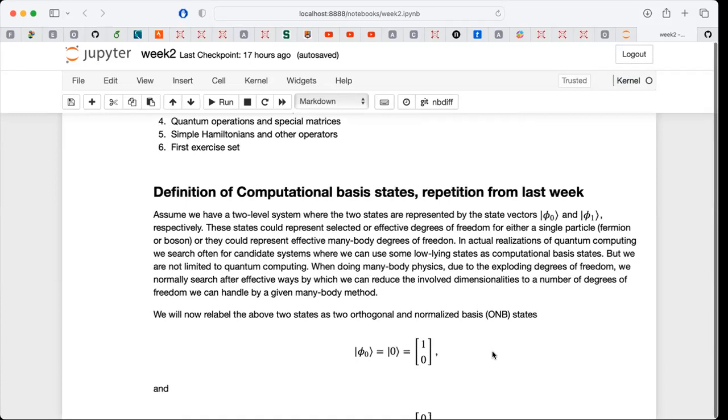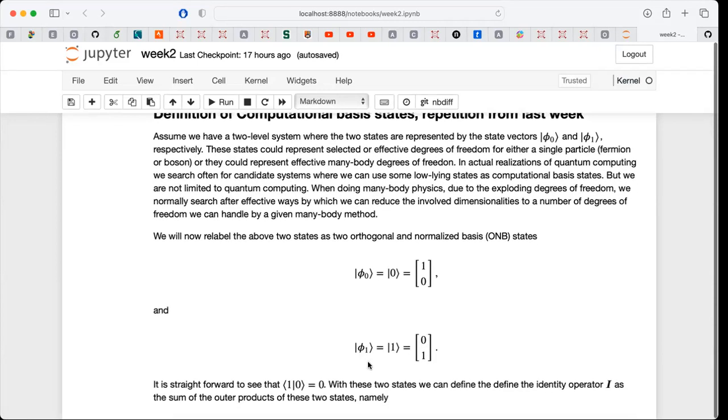In this particular case, we could think of having one single particle, represented by two possible states, one which we call phi 0 and one which we call phi 1. And we interpret these as bit 0 and bit 1.